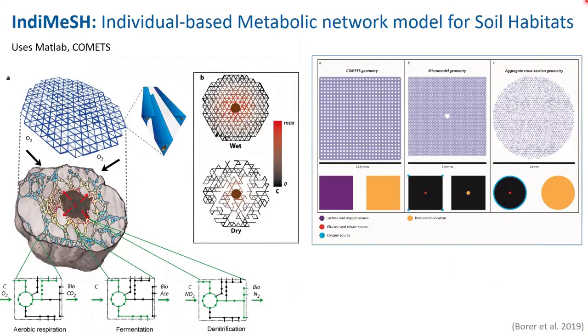And finally, what I wanted to show is IndiMesh, which was also mentioned previously. Here, another type of heterogeneous environment can be modeled. It's mostly built for soil habitats, and you can say that different types of compounds are available at different locations.